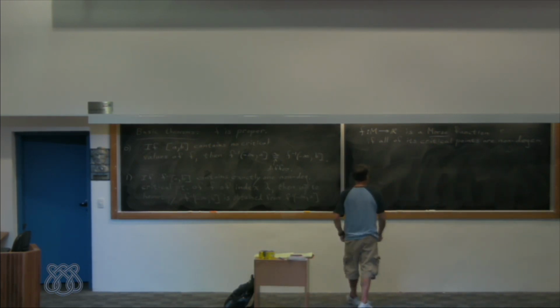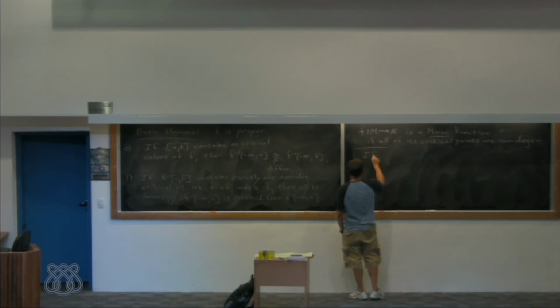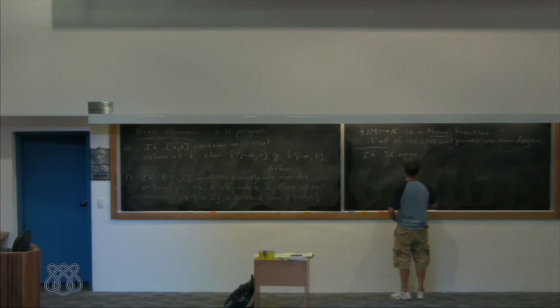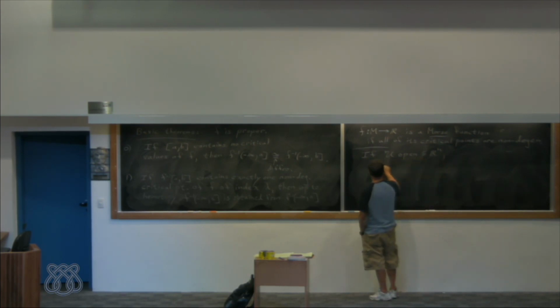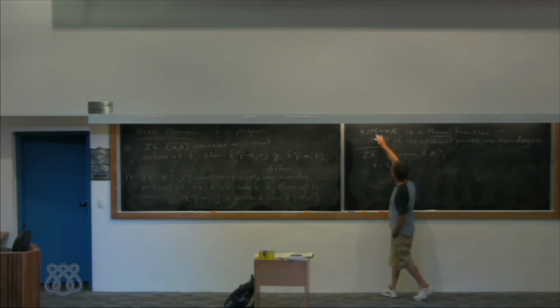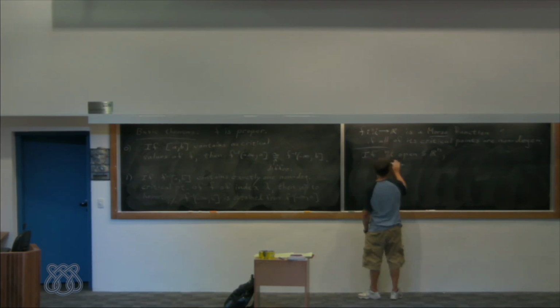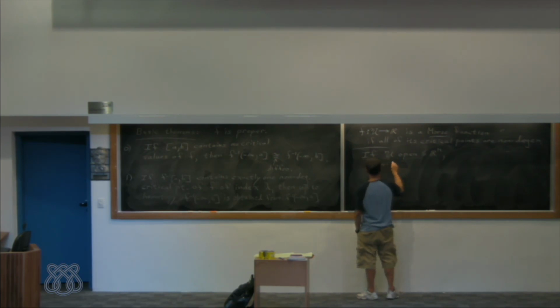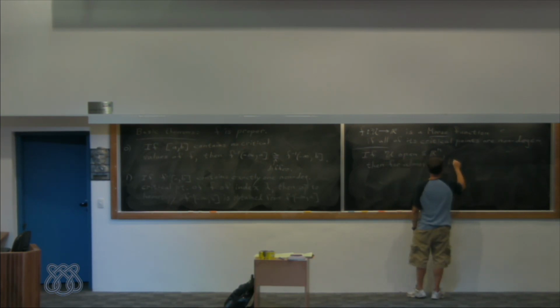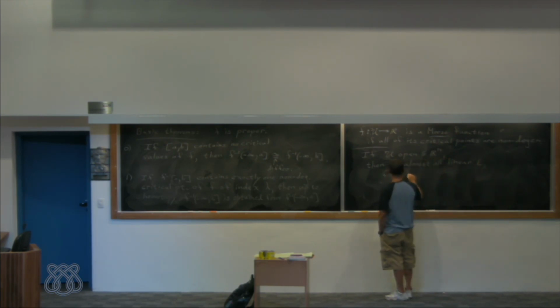But right now what I want to say is if U is open in Rn, and now I've got this F. So I'm thinking of this as U. If U is open in Rn, then for almost all linear forms L, F plus L is Morse.